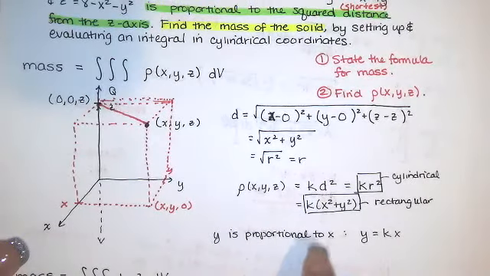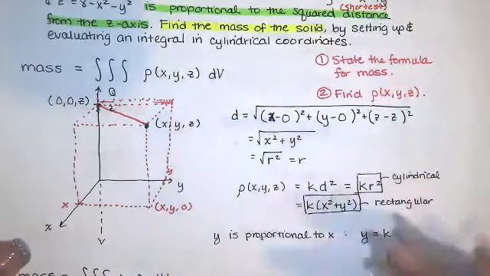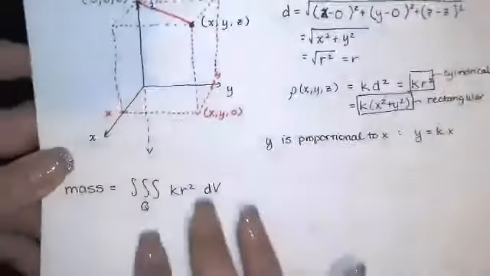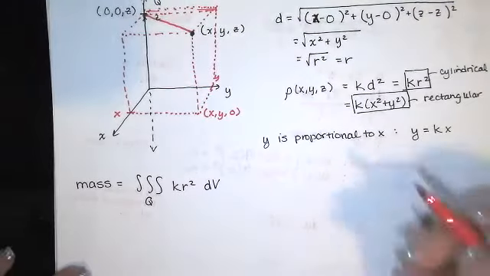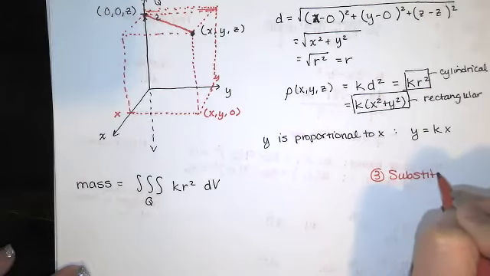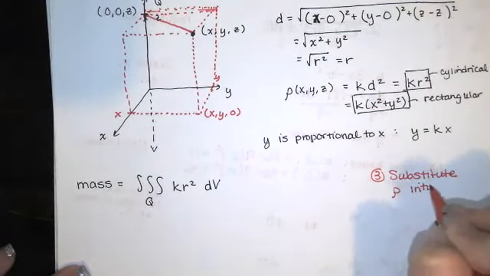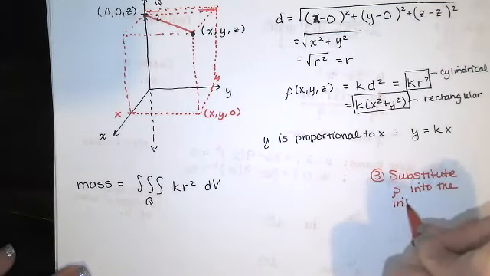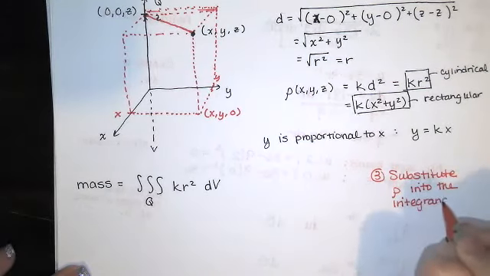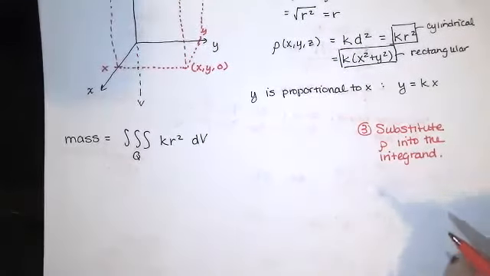We say that y is proportional to x if y is a constant times x. So we put all of those together and we get our density function. And now we're here. So we substituted our density function into the integrand. And now we want to come up with appropriate bounds for our solid.